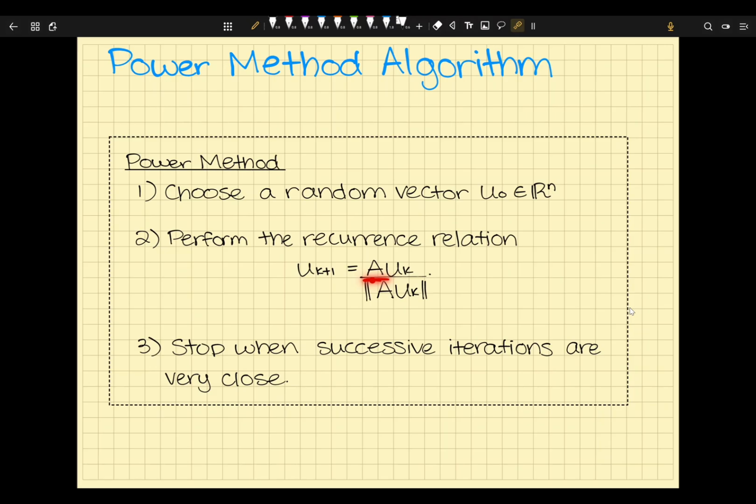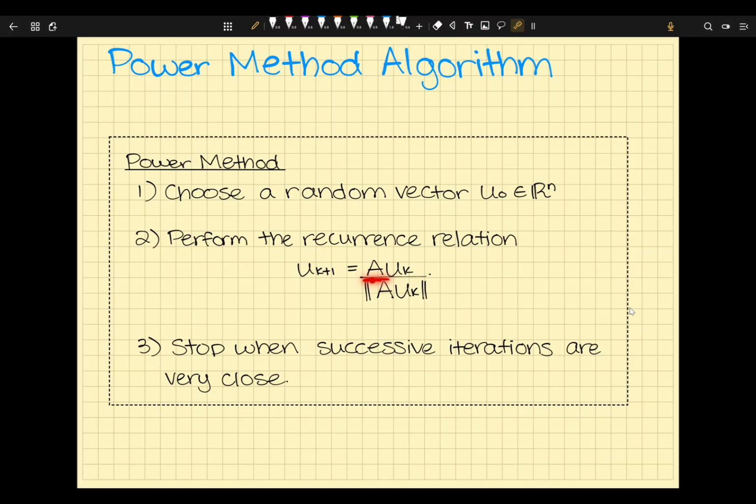And then you'll notice this term down here. What is this term doing? Well, this stops the lambda n to the k from growing or decaying exponentially. This part here is exactly what we just saw: at each step, all we do is take our vector and multiply it by A, and we keep doing it again and again.